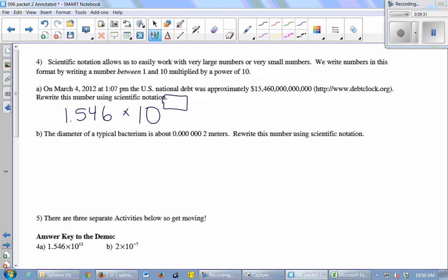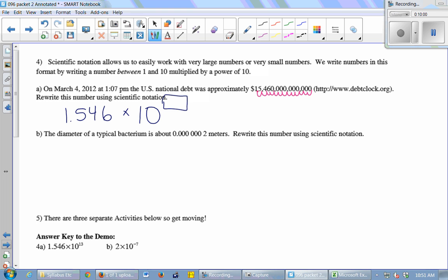Okay, so if I have my decimal point right here, every time I multiply by a power of 10, the decimal point would move 1 to the right, right? So I have to count how many places to figure out how many times I want to multiply by 10. So I'm going to multiply by 10 once, twice, 3 times, 4 times, 5 times, 6 times, 7 times, 8 times, 9 times, 10 times, 11 times, 12 times, 13 times.